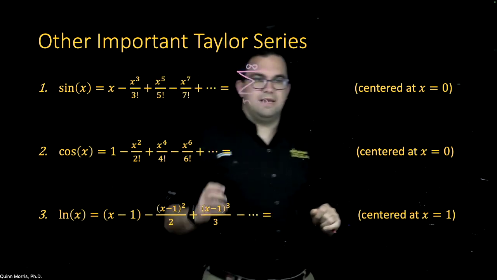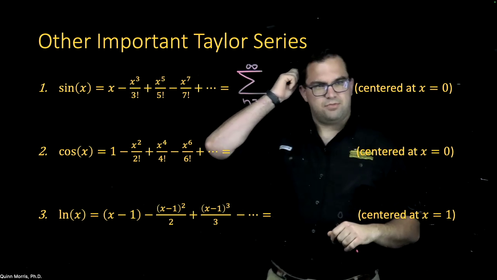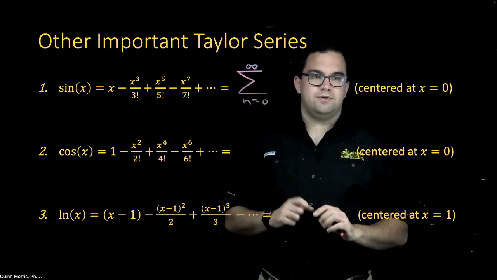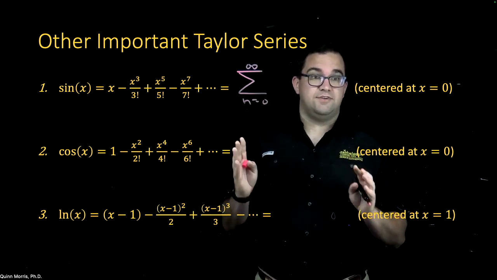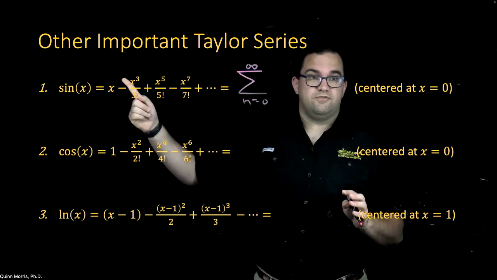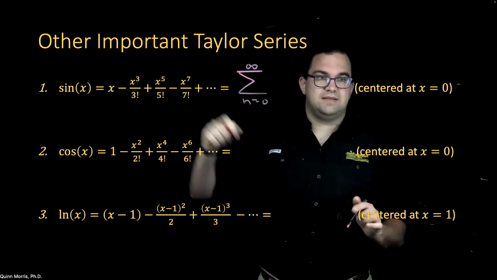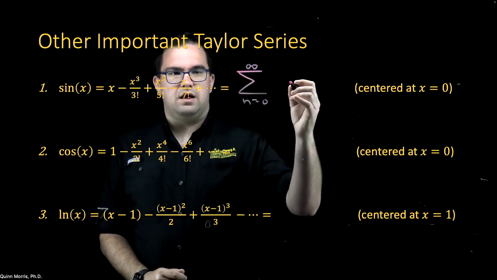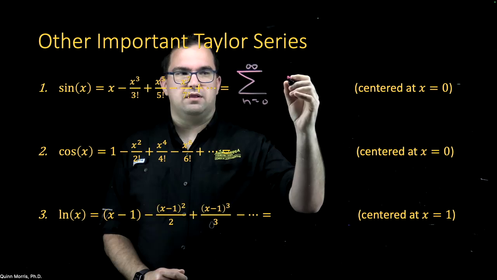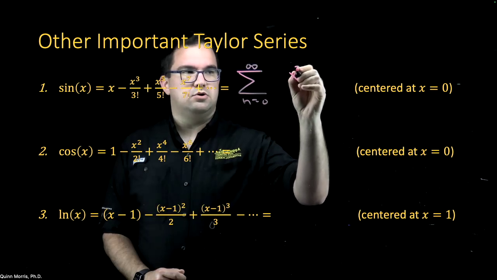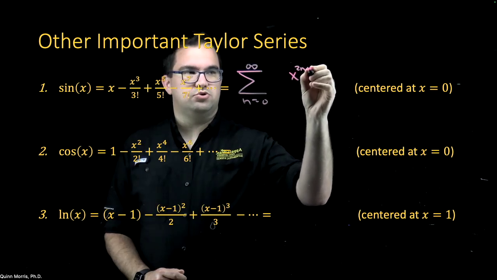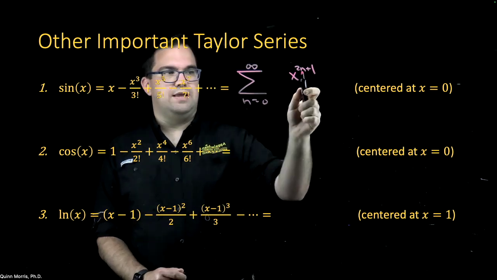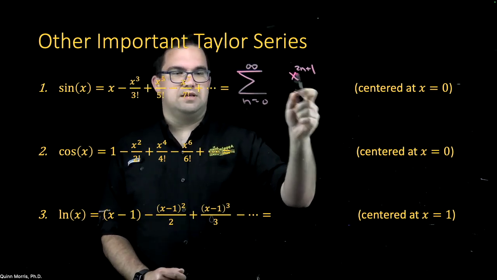Now, when I'm looking at this, there are a couple of things I'm thinking about. The first thing I'm noticing is that we're only picking up odd terms: x to the 1st, x to the 3rd, x to the 5th, x to the 7th. So however this works out, I'm going to have something like x to the 2n plus 1. Notice that when n is 0, this gives me 1.